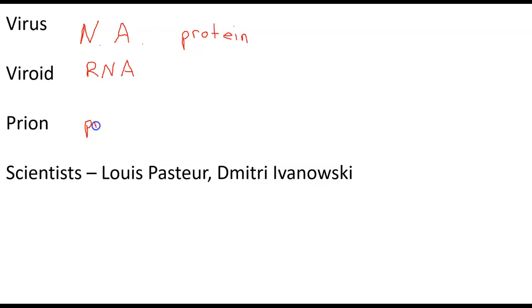They are misfolded proteins that cause diseases like mad cow. Most prion diseases are neurodegenerative, meaning they cause the brain to deteriorate over time.